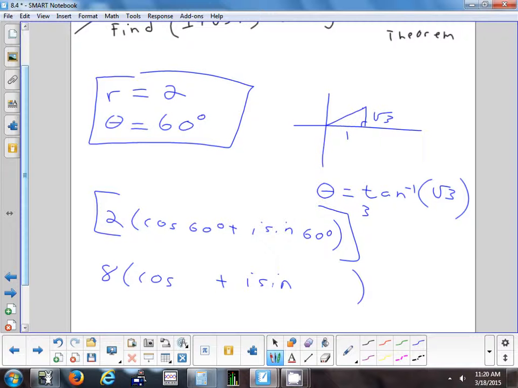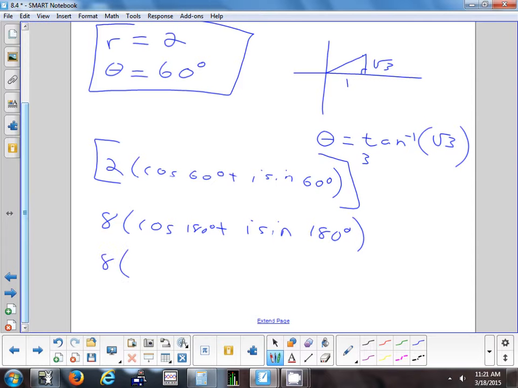That's the shortcut. And 60 times 3 gives me 180. Now, if you get an angle that's not a quadrantal angle, we'll generally leave it as the answer. But when you get angles that are 0, 90, 180, or 270, we can do it out. So let's do it out and see what we get.